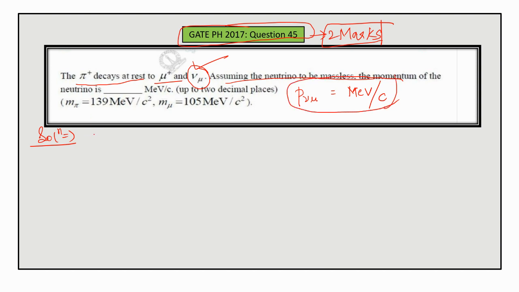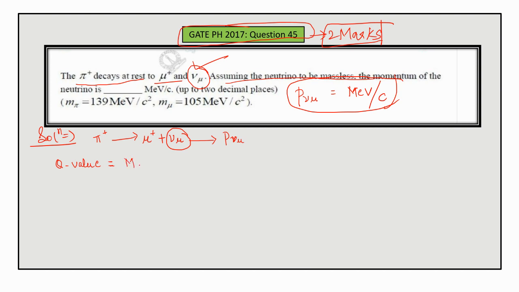Okay. Now, first, it is given that the pion is decaying to a muon and a muon neutrino. And we are asked to find out the momentum of this. So what will we do? You know the Q value, the amount of energy emitted or absorbed during a nuclear reaction, right? So the Q value can be defined in two ways.